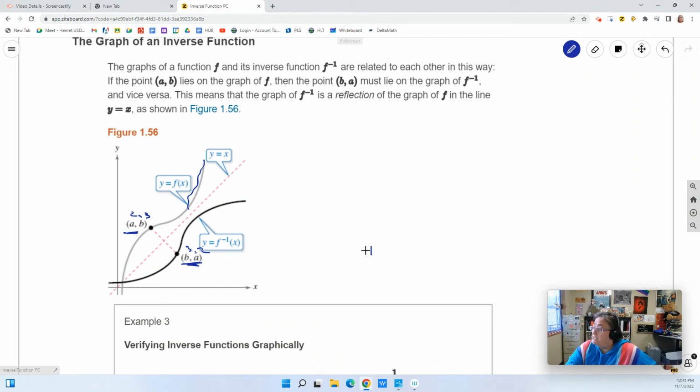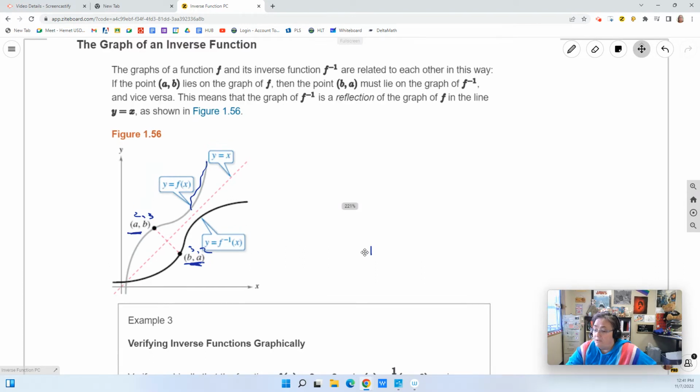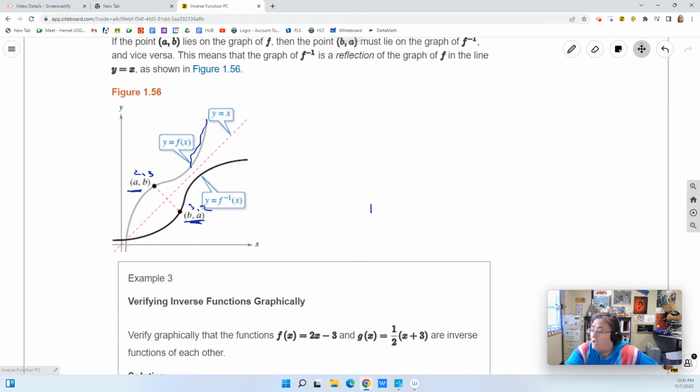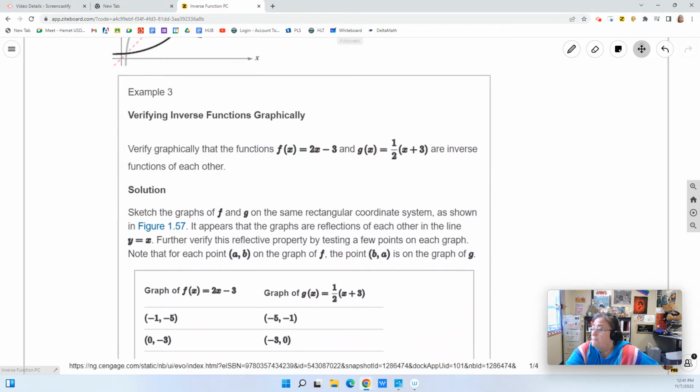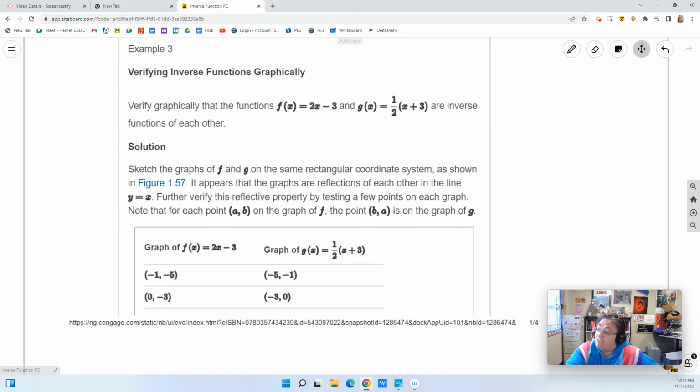And that's all we're really going to go over graphically, except for one thing. Here they're basically telling you, if you have the graph of f(x) = 2x - 3 and the graph of g(x) = 1/2, as long as all of their points match, if I have a (-1, -5), I have to have a (-5, -1) on the inverse graph.